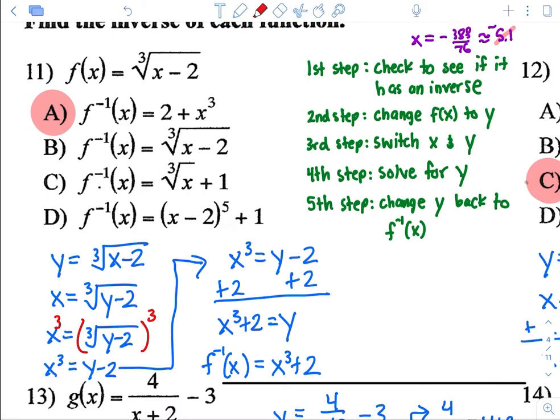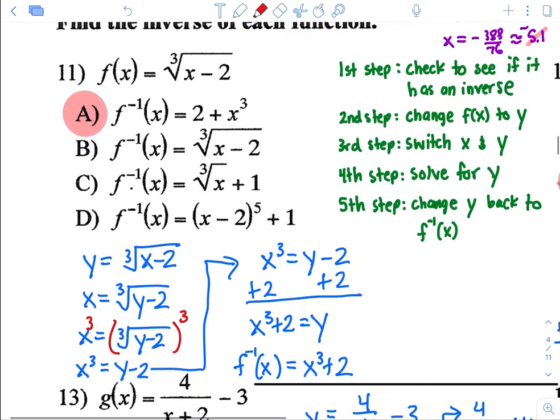If you look at number 11, first you change f of x to be y. So I changed the equation to be y. Now I switch the variables, so x equals that. Now I just have to solve for this new y.